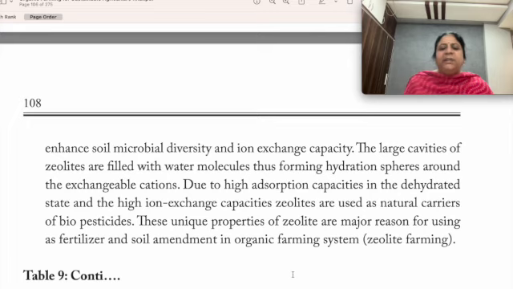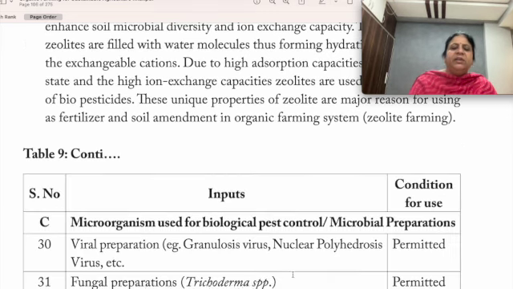These unique properties of zeolites are the major reason for using them as fertilizer and soil amendment in organic farming systems. That's why I told you there is a separate zeolite farming system, where zeolites are exclusively used in the farming. With this, I am stopping the minerals which are permitted in the organic farming.